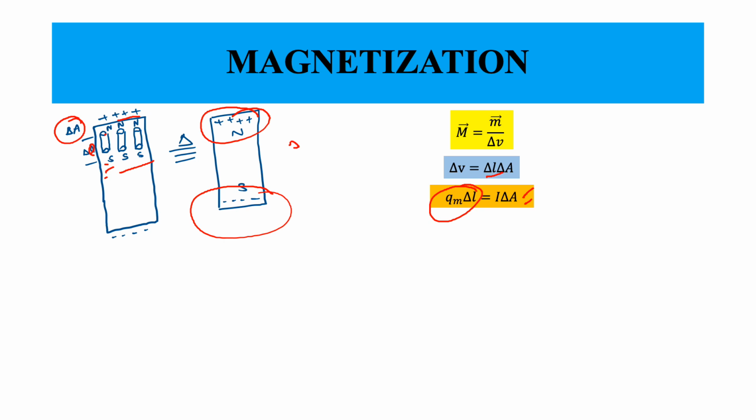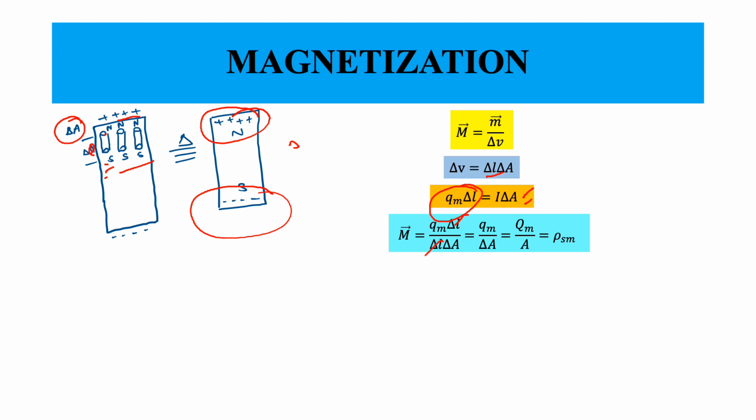So what is the magnetic moment? The magnetic moment is Qm delta L. What would be the magnetization vector M? The magnitude of M will be Qm delta L divided by delta L delta A. This delta L gets cancelled out, so I am left with Qm by delta A. This was for a single dipole, or a small enough region of dipoles.